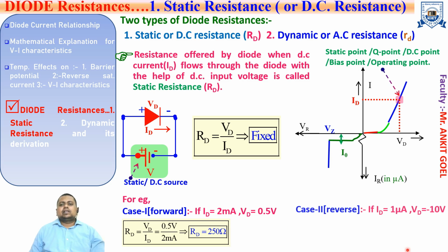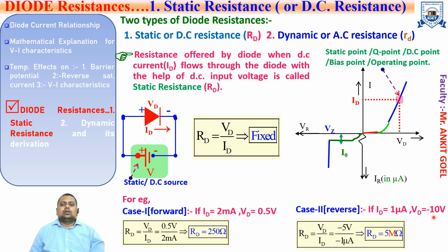In the reverse bias condition, the diode current is in the range of microampere. So the static resistance is minus 5 volt upon minus 1 microampere, which comes out to be 5 mega ohm. As you can compare, in the forward region the diode offers a very low resistance, while in the reverse bias region it offers a very high resistance, in the order of mega ohm.